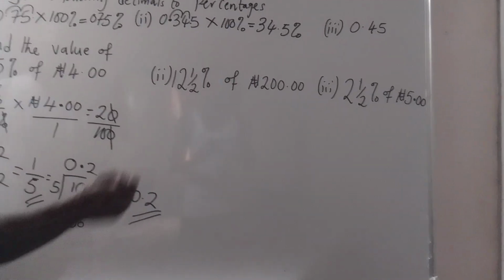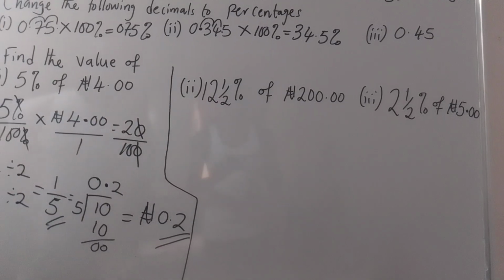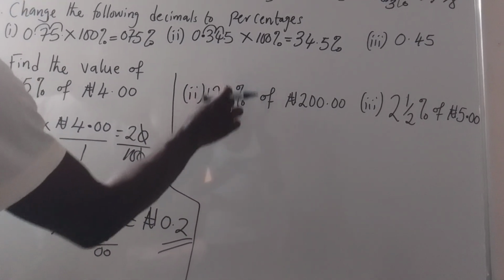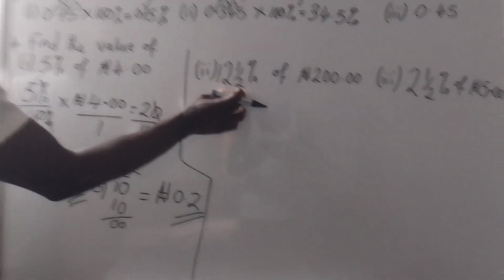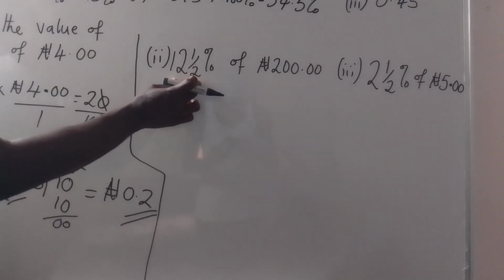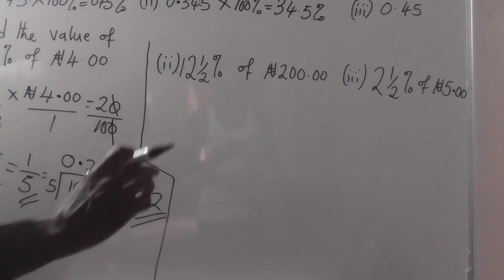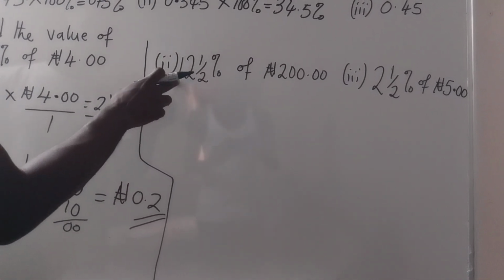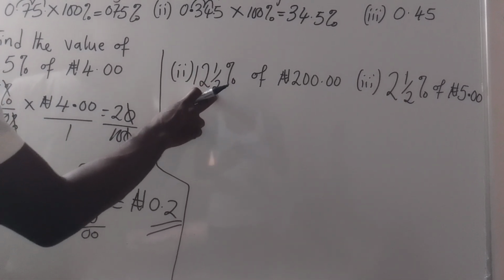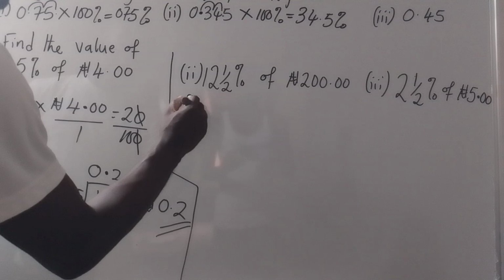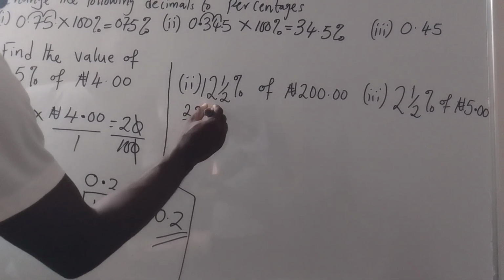Let's quickly look at the second question. 12 whole number 1 over 2% of 200. This is a mixed fraction or a mixed number. Anytime you see a mixed number, first and foremost, change it to an improper fraction by multiplying. 12 multiplied by 2 will give us 24, plus 1 will give us 25 over 2%.